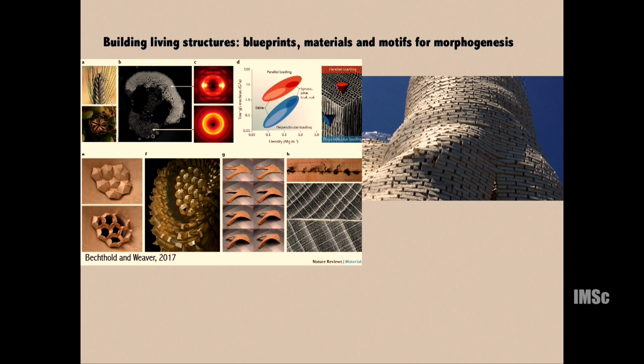So what I want to do is to think about what the blueprints are for building living structures, what kinds of materials living structures are made of, and how the properties of those materials influence what shapes or functions or dynamics they take, and whether there are some common motifs that recur in different contexts in the acquisition of form.